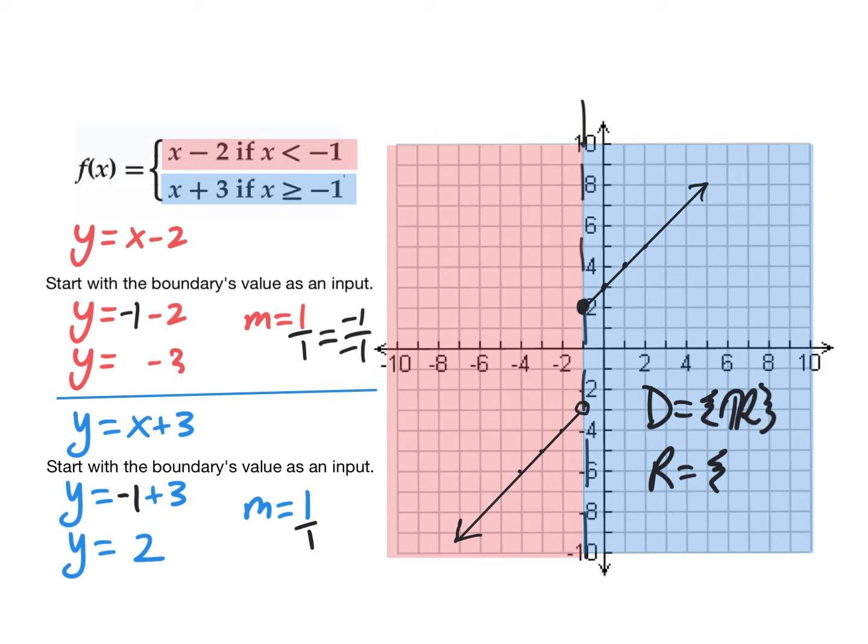Okay? Now the range is a whole different story. Okay, we talk about ceilings and floors. We have to look at each piece differently. Does this graph have a ceiling or a floor? It has a floor. It goes up forever, but it has a bottom. Does this graph have a ceiling or a floor? Ceiling, and then it goes down. So when we look at the range, all of these points in here aren't even included for the y.